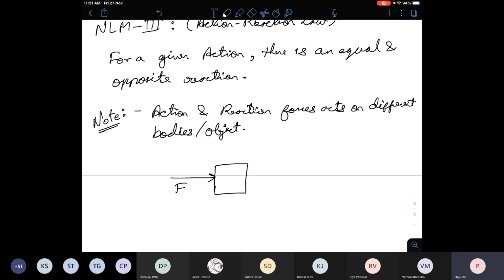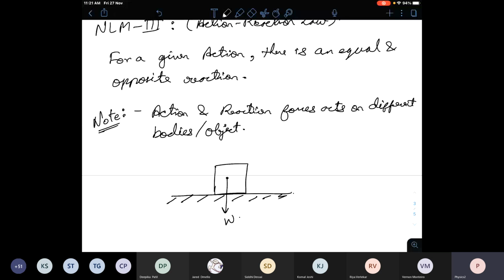Better to understand this way: the block is kept on the ground, and the block has its weight. There is a gravitational force acting on the block. So the block is trying to go down, but it is unable to go down. Why? Because there is the ground in between.